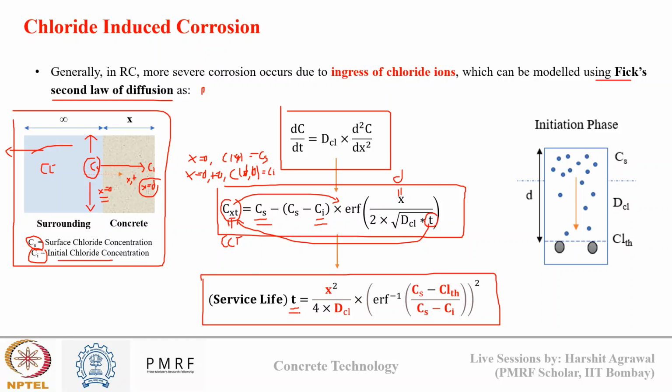So this time T for corrosion to initiate at the reinforcement surface we can determine if we know the DCl value, the cover depth, the surface chloride concentration, and the critical chloride threshold. With this we can estimate the service life of reinforced concrete under chloride induced corrosion.